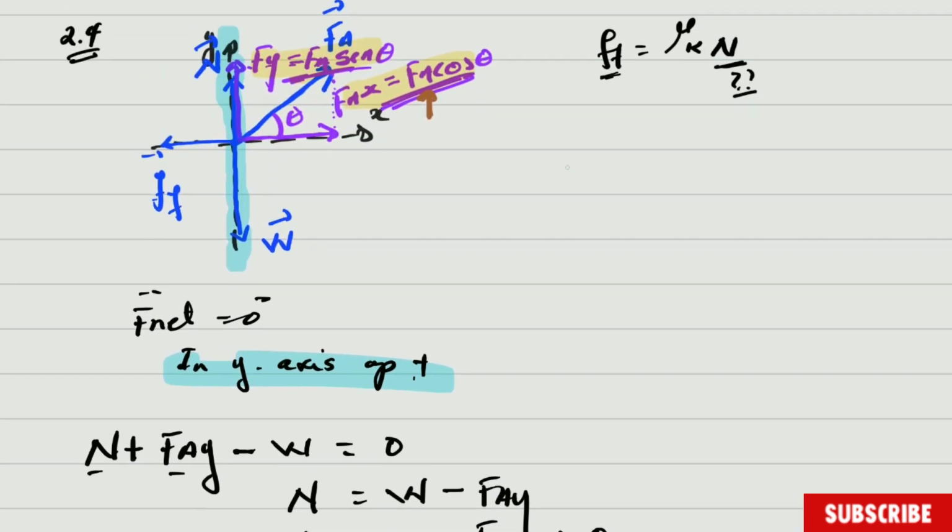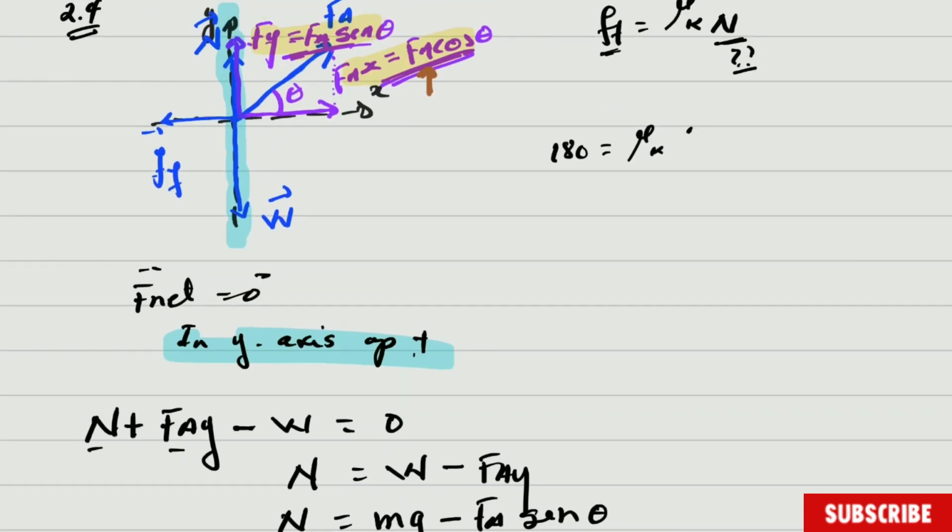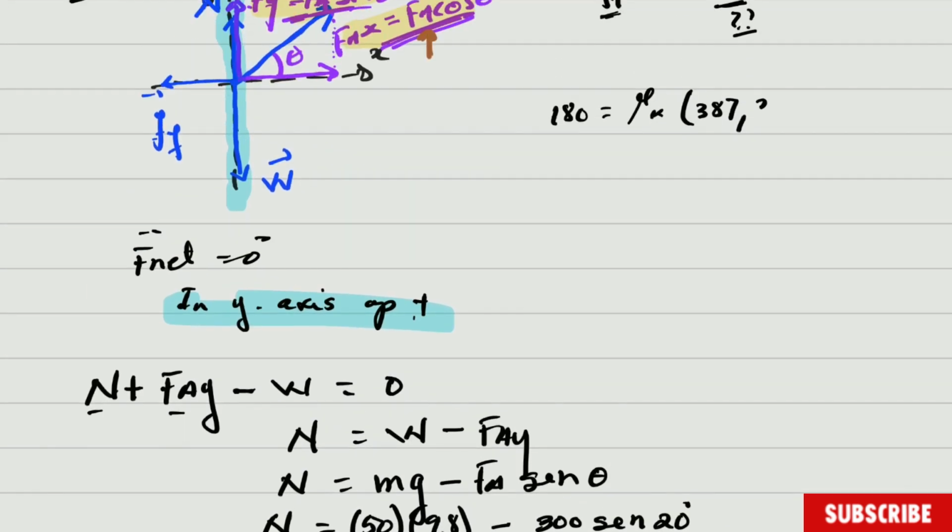So friction, which is equal to 180, is equal to kinetic coefficient of friction multiplied by normal. We got 387,394. And guys, then the coefficient of kinetic friction is equal to 0,46.